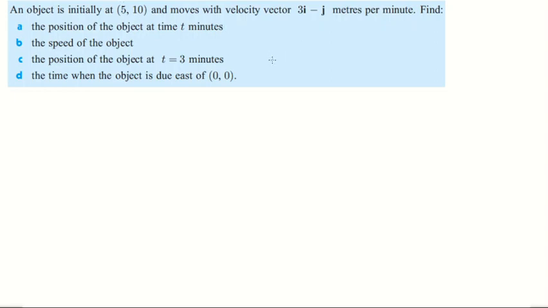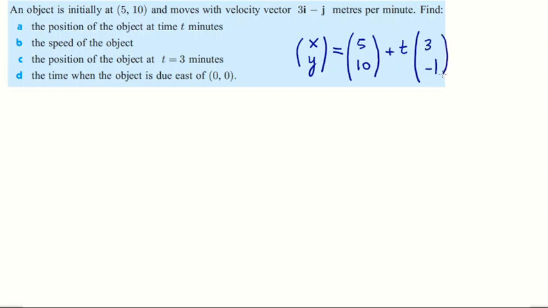If we were to describe the position of this object, it would be the initial position, which is (5, 10). This is our arbitrary point, right? Plus t times our direction vector. So this is our direction vector, 3 and negative 1.